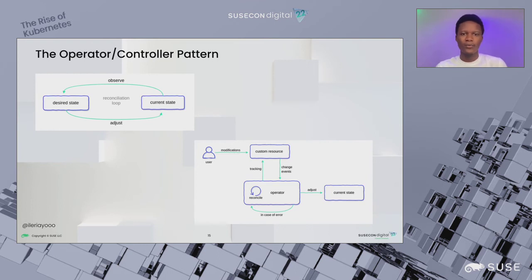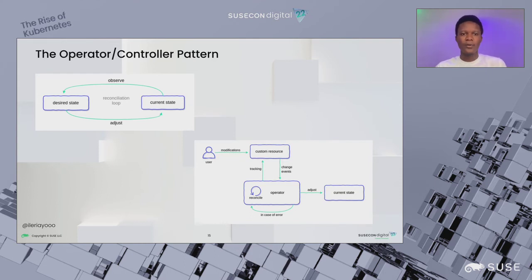I'll give an example very quickly. So say you create a deployment in Kubernetes, and you specify that you want to have three replicas of that deployment. At different times, Kubernetes checks to see if all three replicas are running. Several things could happen, right?